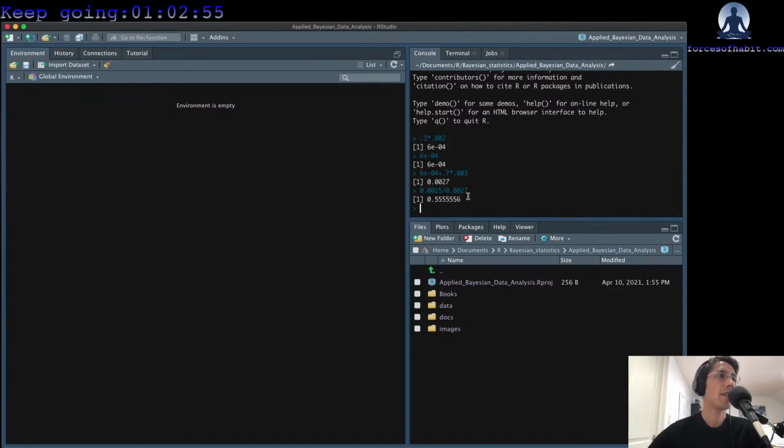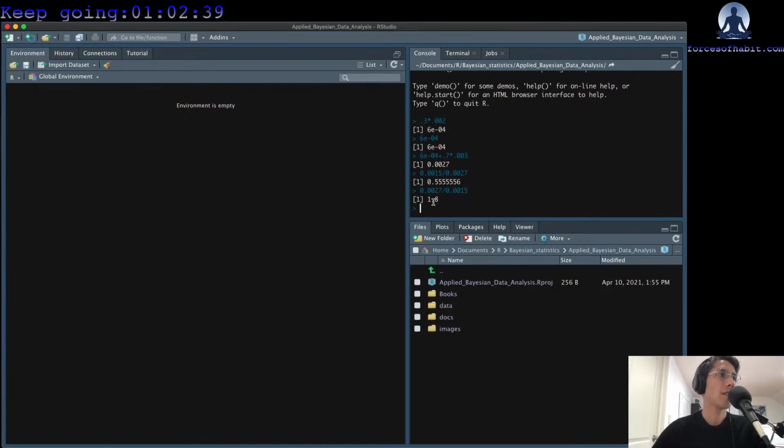So this would mean that there's support for model 1, right? I forgot how to do this. I just have to think about odds for a second. Odds go in a direction.